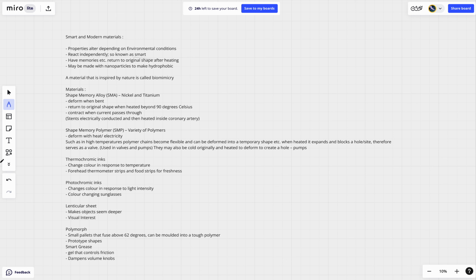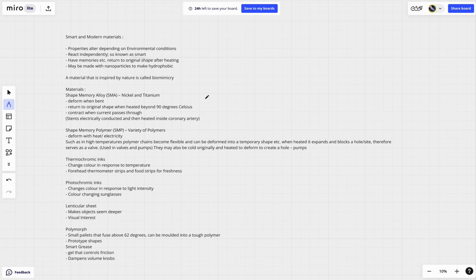It also sometimes is referred to as having memories, as they can return to their original shapes with some external conditions like heating or electricity. And sometimes we can also make something smart and modern by modifying their molecular structure using particles known as nanoparticles that are very small, so we can exploit their structures a little bit.